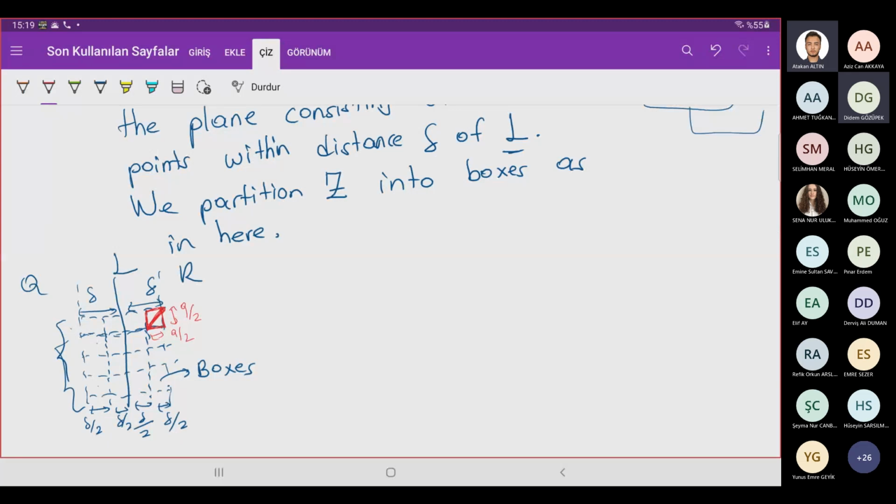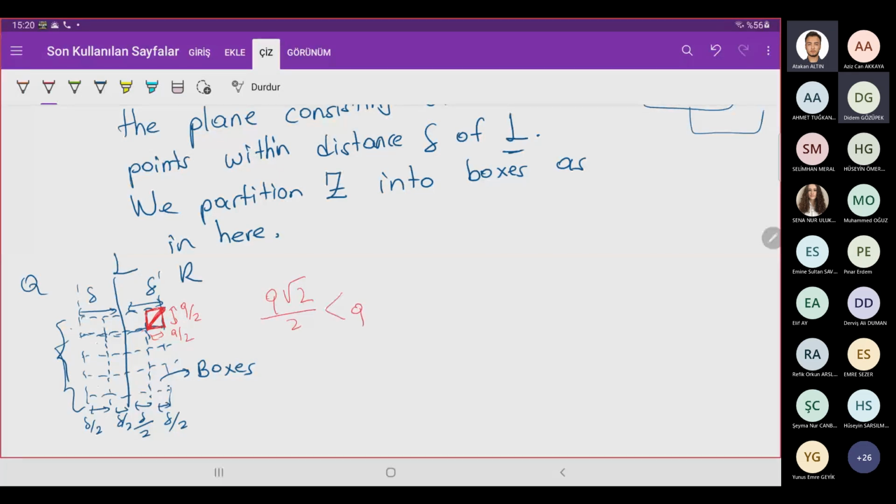Because these boxes are of size delta over 2, what's the distance in this diagonal at most? Delta times square root of 2 over 2, right? So if there are 2 such points in this box, the distance between them is at most delta times square root of 2 over 2, because the worst case is if they are at both ends of the diagonal. But this is less than delta, right?